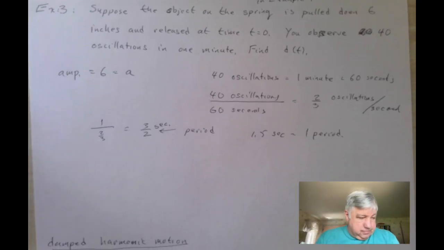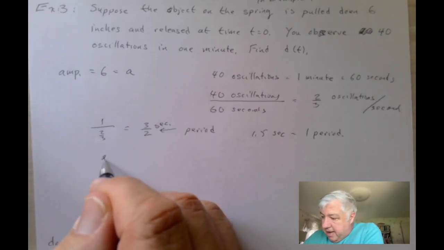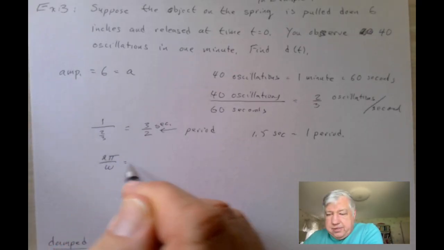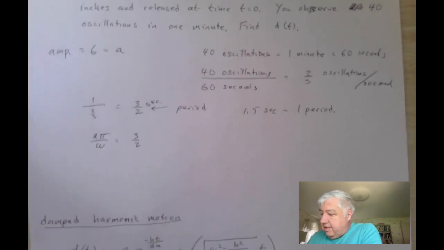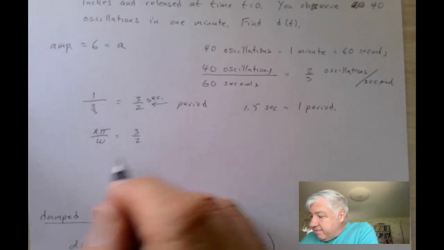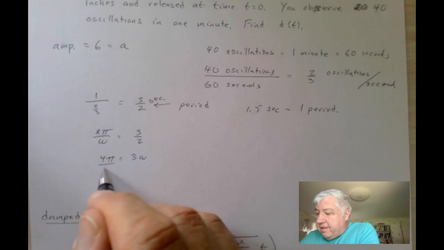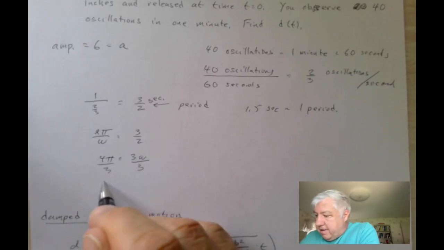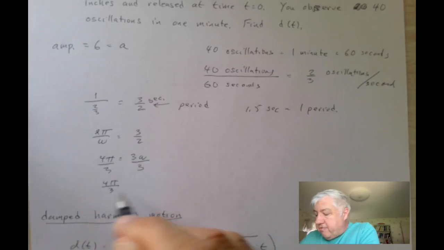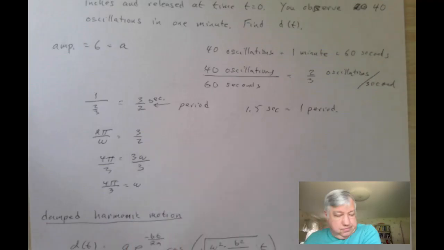And so that tells us that 2 pi divided by omega is 3/2, and cross multiplying, we get 4 pi equals 3 omega. Divide by 3, and we get 4 pi over 3 equals omega.